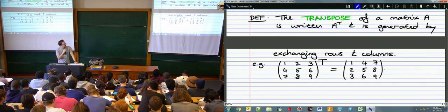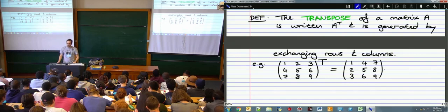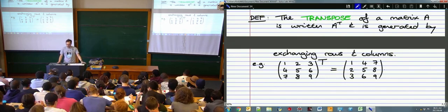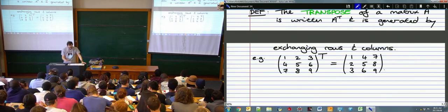And what I said yesterday, I think, I don't remember if I said it, is that if you take the transpose of a matrix, the determinant of that matrix doesn't change. So let's just write this down as well. I think that's fact 2.9.